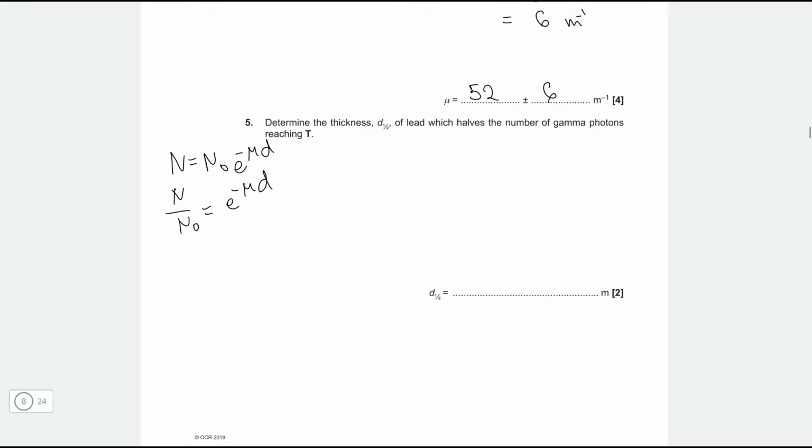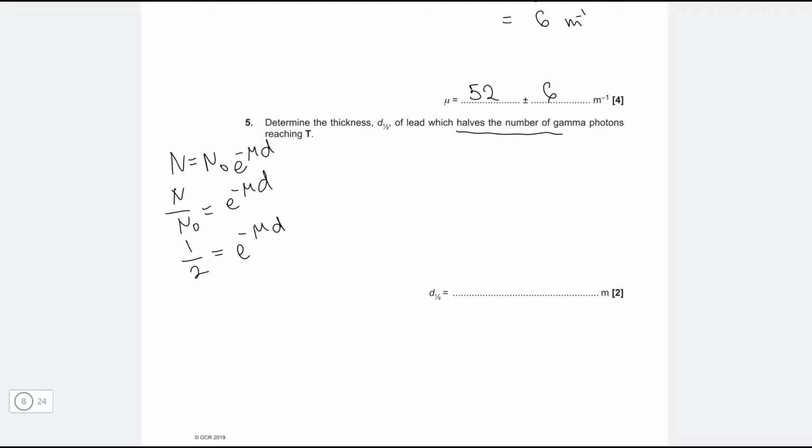We've already done that, but N over N naught in this case will be equal to half if we are halving the number of gamma photons. So in this case, we can simply say that this here will be equal to half, and this will be equal to e to the minus mu d.